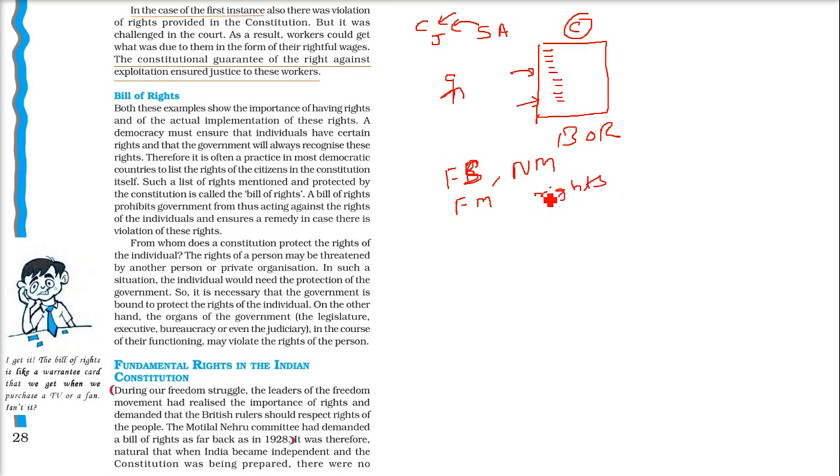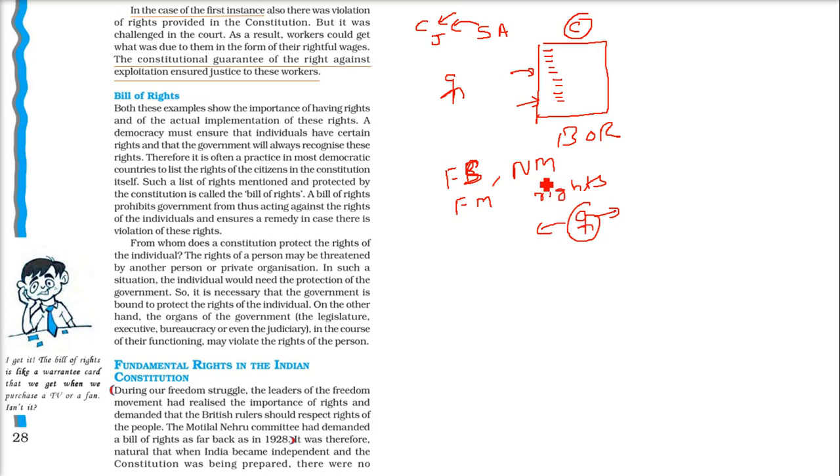Because the British rulers would apply laws like Section 144, Deshdroh, so sedition law, all these laws were there. There were certain ways in which those people who talked against or stood against the British rule were just taken to task, or sent behind the jail, or just killed. So there was a breach of the rights.